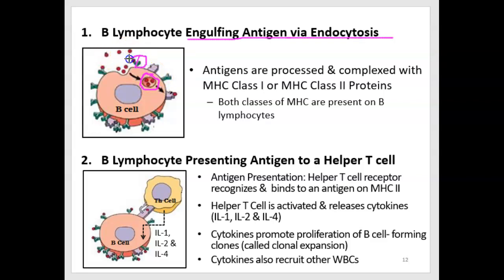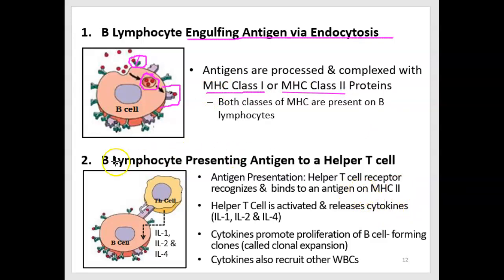The antibody just gets reused. But the antigen goes on the surface, complexed with MHC1 or MHC2. Those are major histocompatibility complexes. We'll talk about those later. All your cells have one class. Anyway, so the B lymphocyte has both MHC1s and MHC2s.